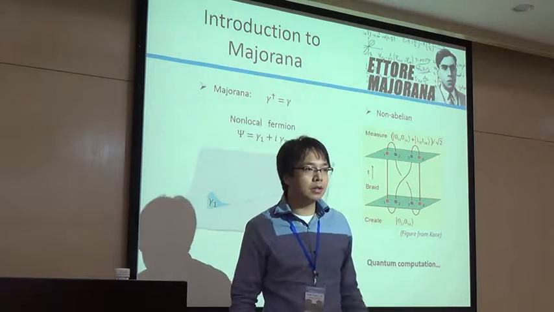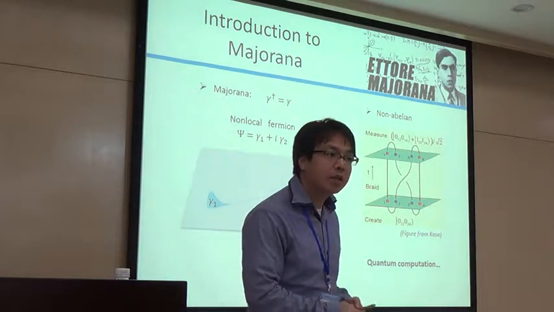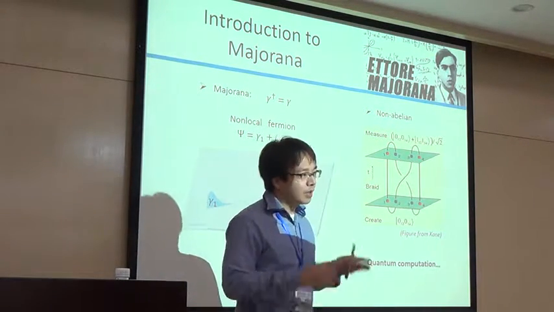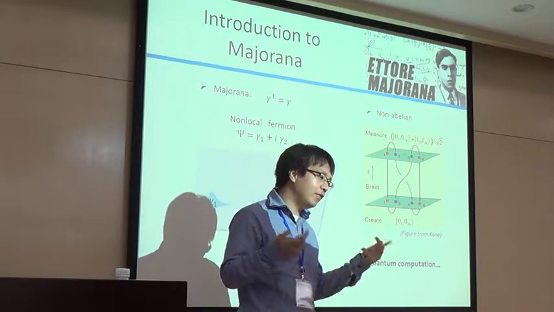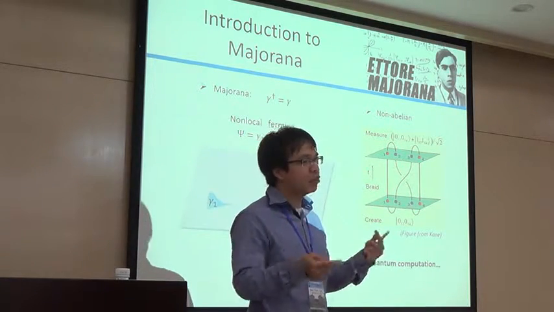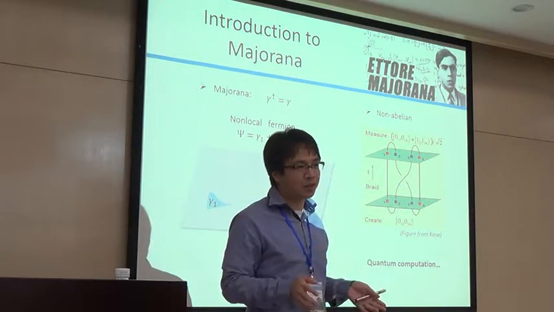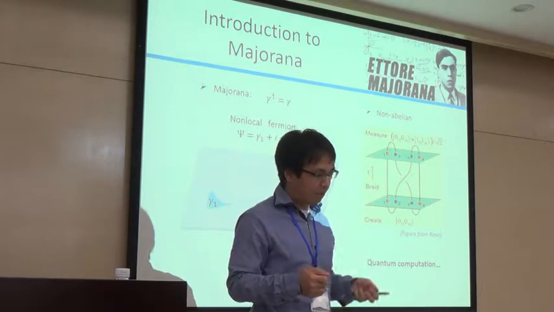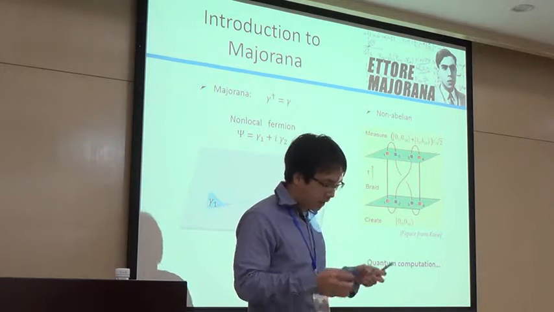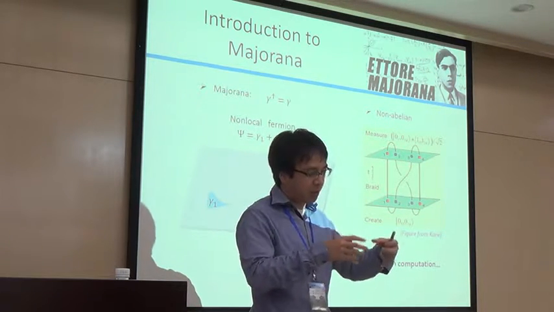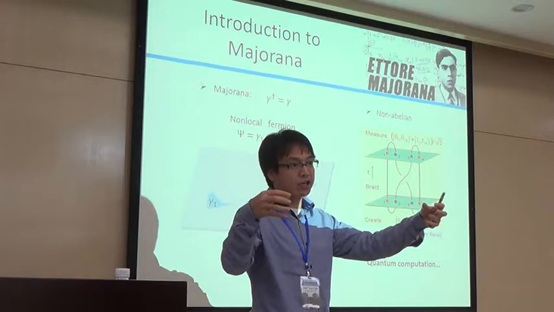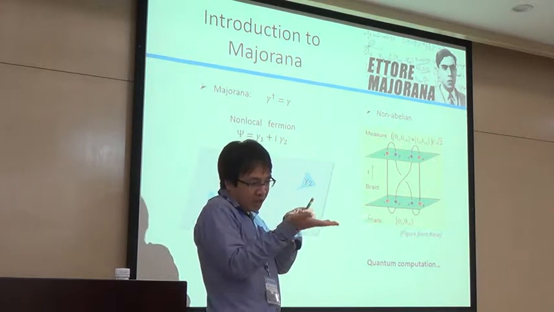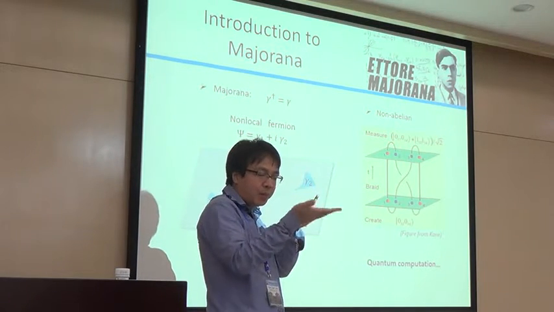How do you realize it? How to realize the operation? Well, there are many schemes of doing that. One possibility: can you drag the vortex around? That's very difficult. But for some structures, you can make a 1D structure and form a T junction, and then underneath it you can gate.